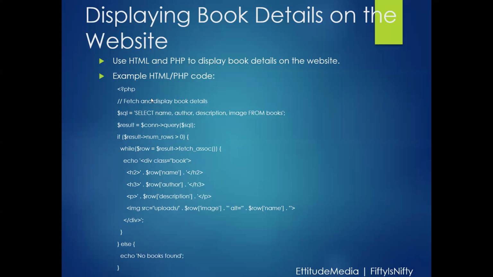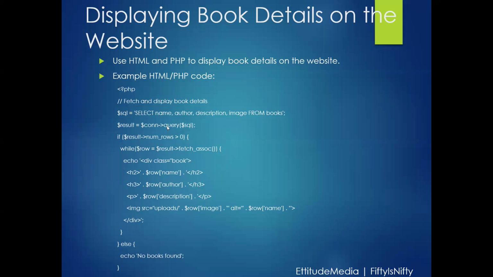Now that we have uploaded a book, we tried a few different ways, right? We created the database yesterday. We inserted a record manually in the database. Today we created a user interface to allow the user to enter a book and its image, etc. Now we want to display that book.